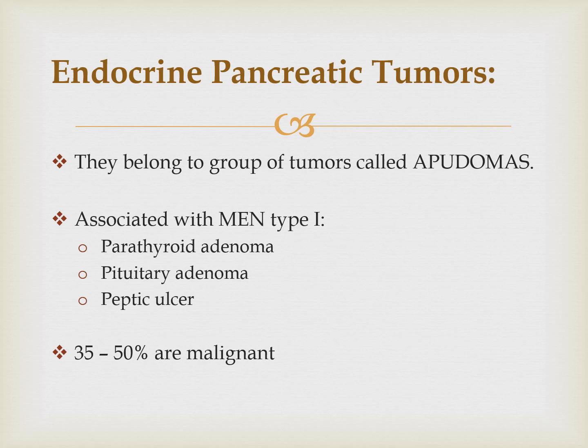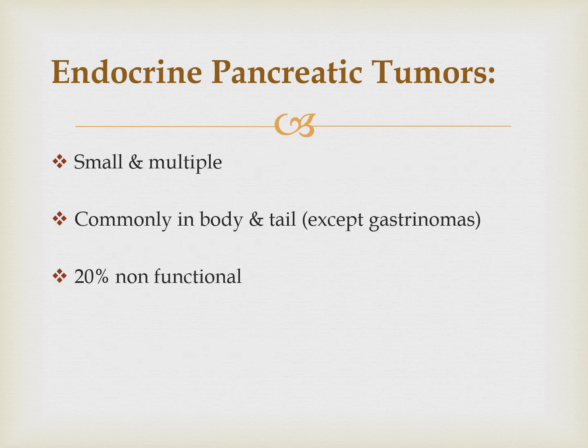The 4 P's: pancreatic tumors, parathyroid adenoma, pituitary adenoma, peptic ulcer. About 35 to 50% of the endocrine pancreatic tumors are malignant. 20% are non-functional tumors. They are commonly located in the body and tail, except the gastrinomas. They are small and multiple.